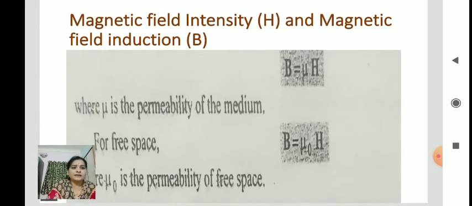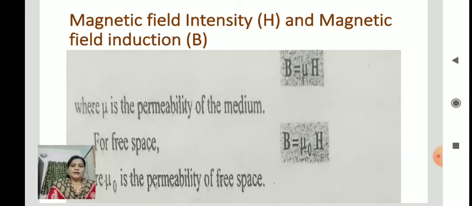So let us see what magnetic field intensity and magnetic field induction are. What is magnetic field or magnetic field induction? The space around the magnet in which attraction occurs is nothing but the magnetic field.